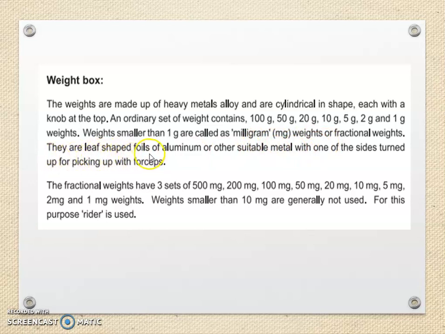They are leaf-shaped foil of aluminium or other suitable metal with one side turned up for pickup with forceps. The fractional weights have 3 sets of 500 mg, 200 mg, 100 mg, 50 mg, 20 mg, 10 mg, 5 mg, 2 mg, 1 mg weights. Weights smaller than 10 mg are generally not used. For this purpose, a rider is used.